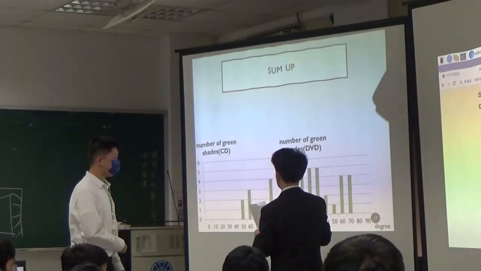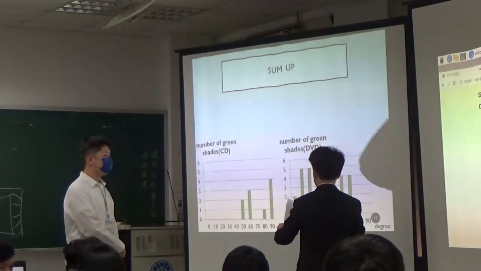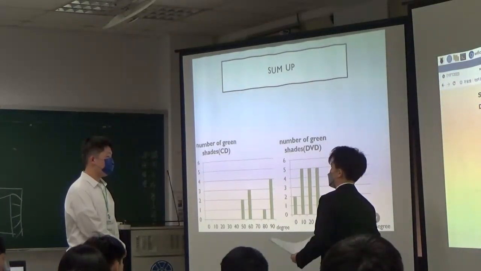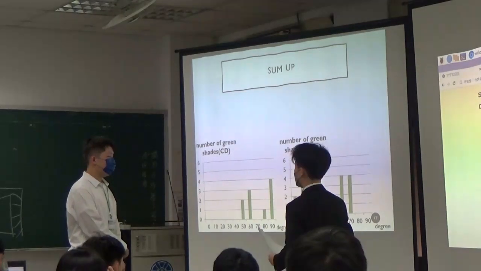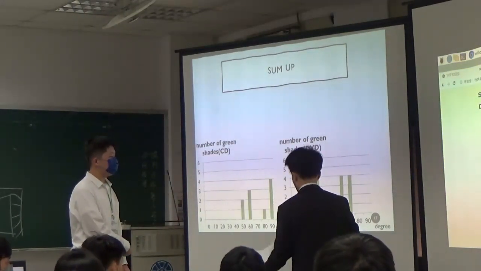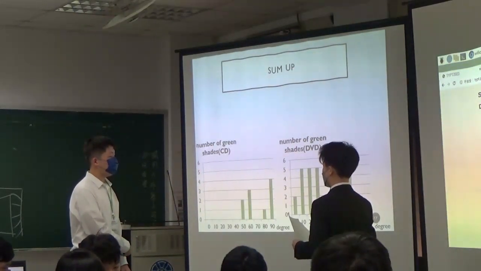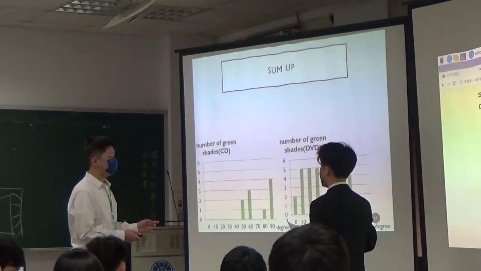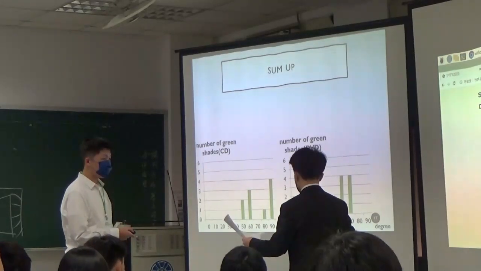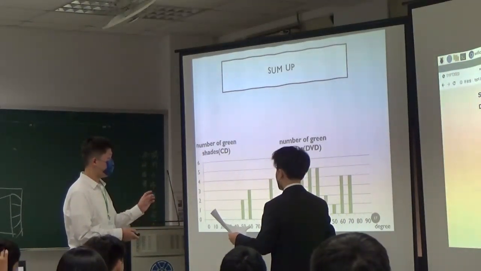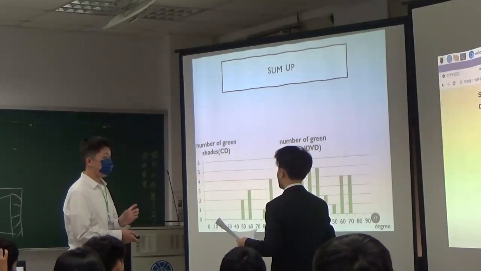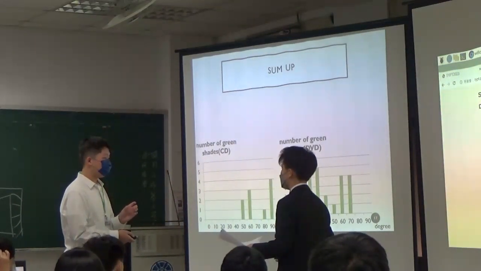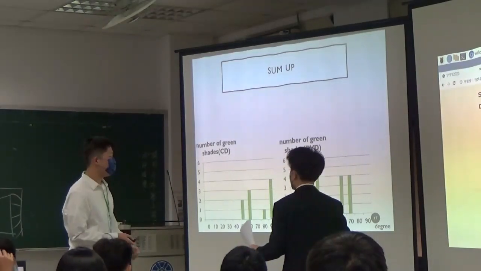Here, obviously the results of CD and DVD are different. So how do you explain the difference between the CD and DVD? What is the main reason that causes the difference? Yes, maybe it's because the grooves in the CD and the grooves in the DVD are different.